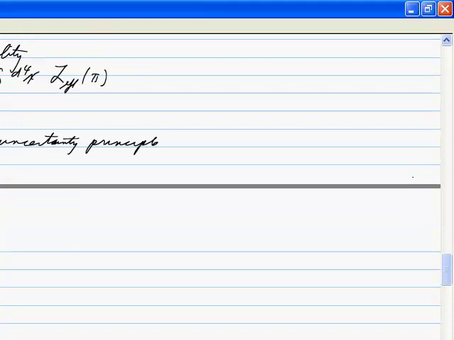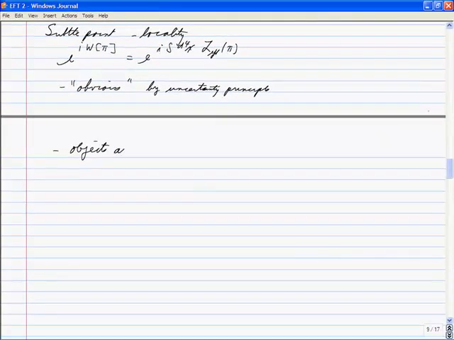It's actually not as obvious as that, even really to physicists. The math part that's a bit tricky is that these objects are singular. They're pretty singular.